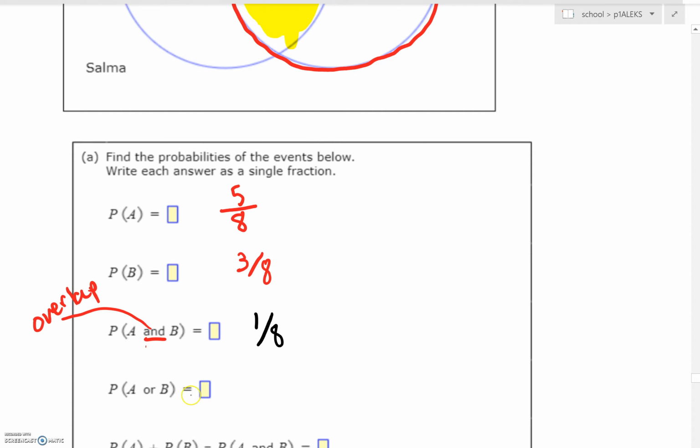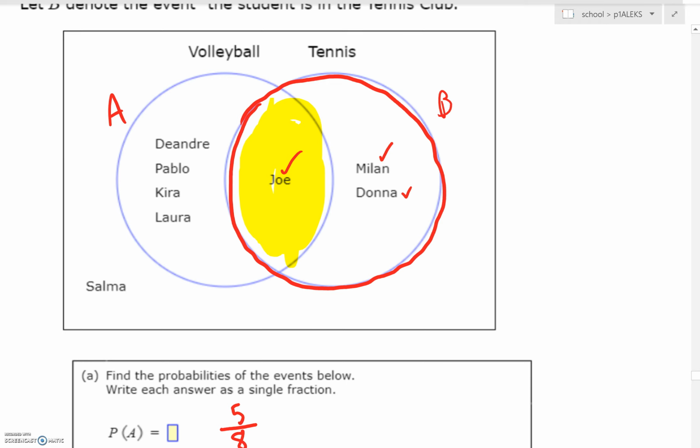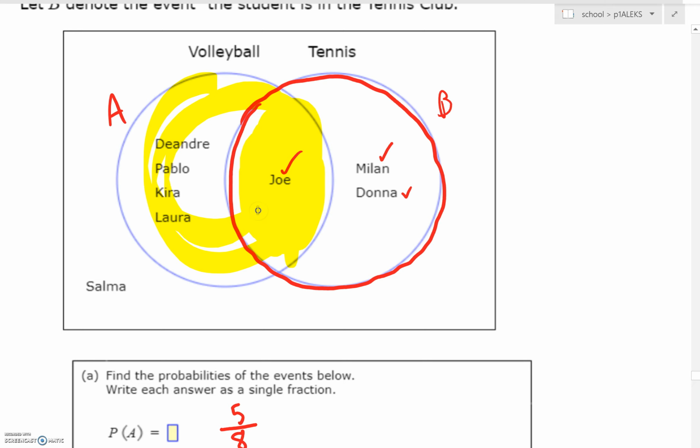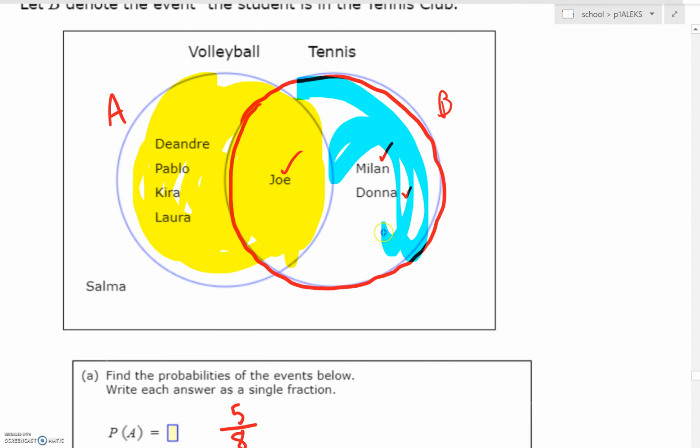When we get to or, however, again, you can think we're going to have this over 8. When we're in or, that's going to mean either you are in this volleyball circle right here, circle A, or you're in circle B. But circle B, of course, is going to have some overlap.